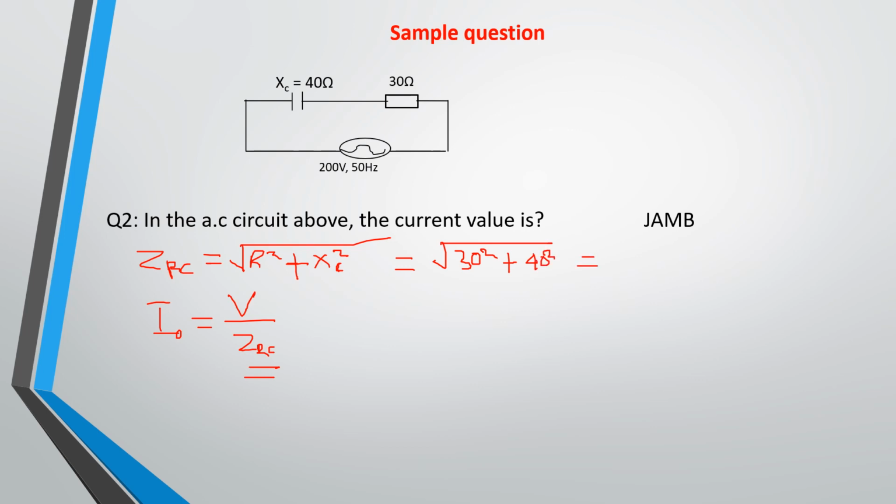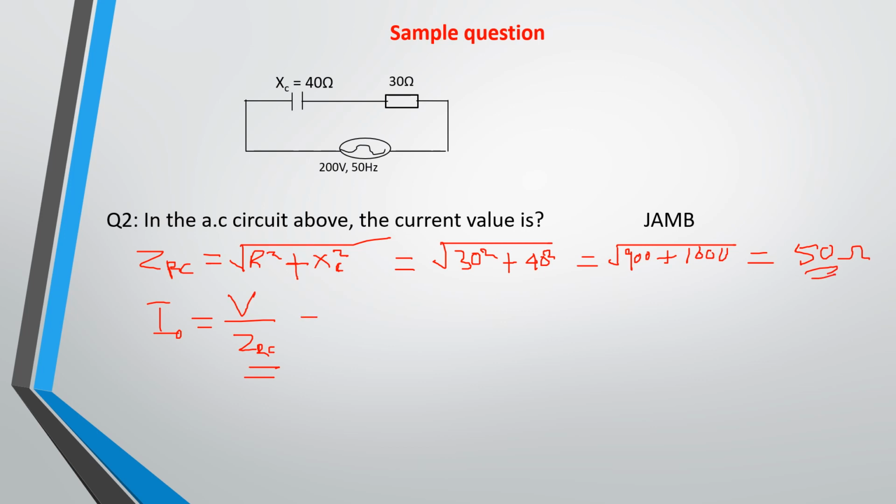Okay, so this will give you 900 plus 1600. By the time you work all this out, you find out that your impedance is equal to 50 ohms.